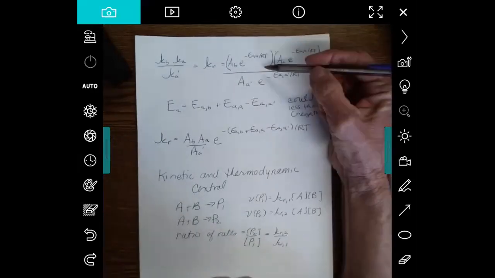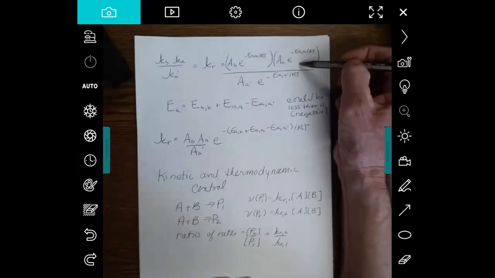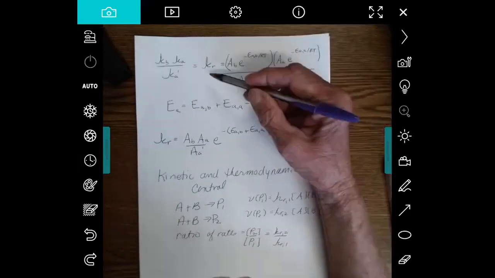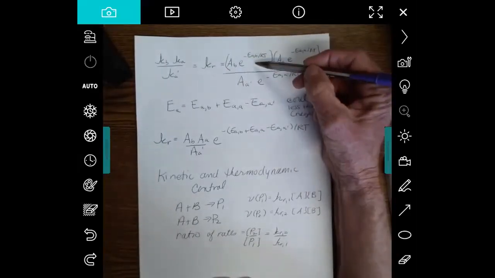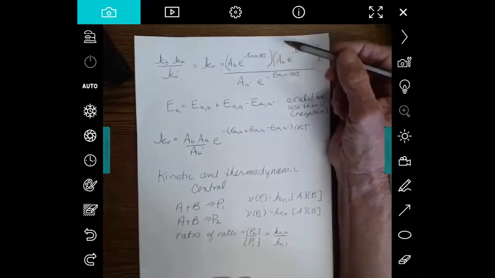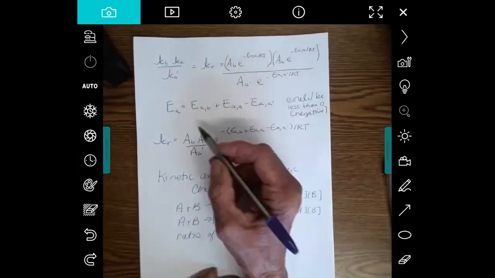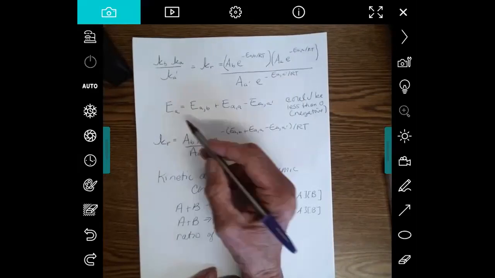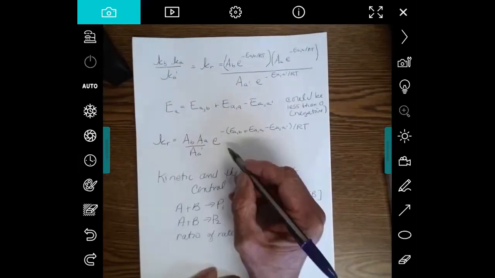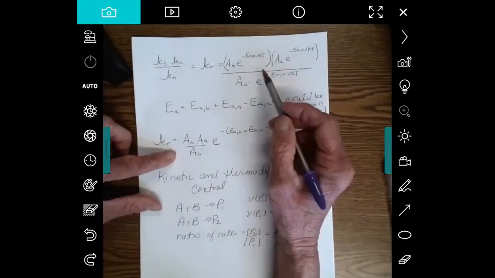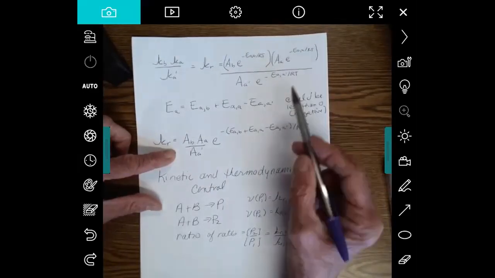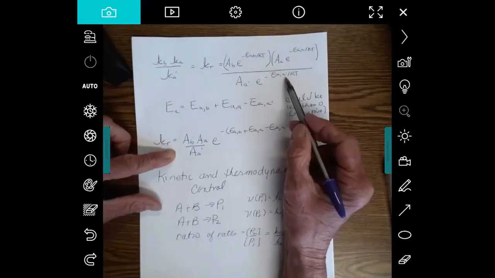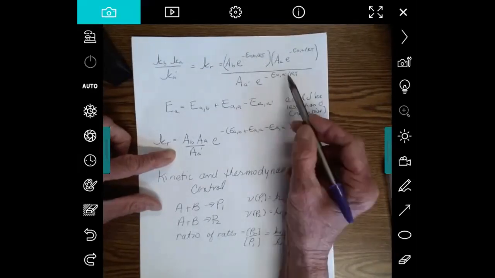So if you look at how the rate constant is impacted by the activation energies, you can write the Arrhenius equation for each rate constant. And then what you notice is the real activation energy, if we group all these terms, is going to be EA for the B step, plus EA for the A step, minus EA for the back step, A prime.